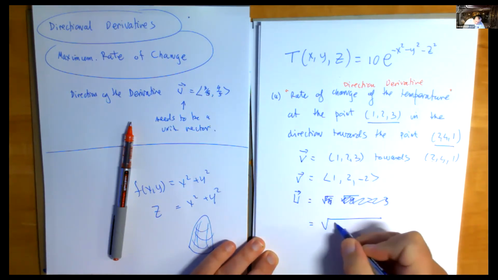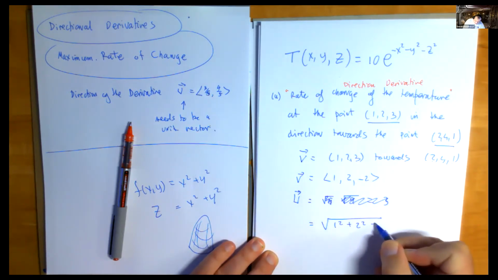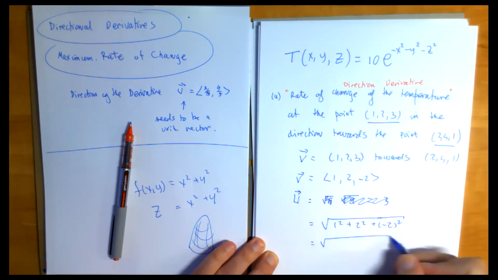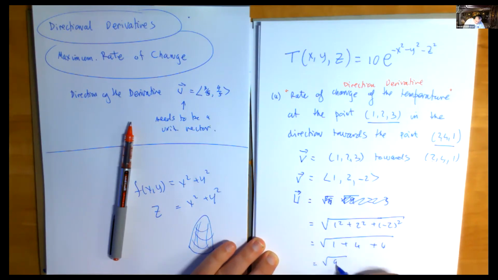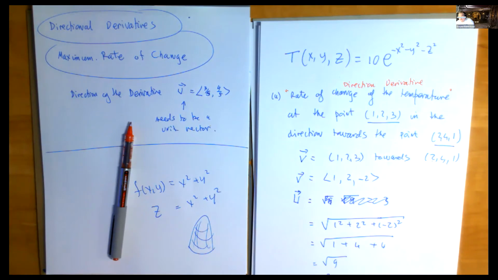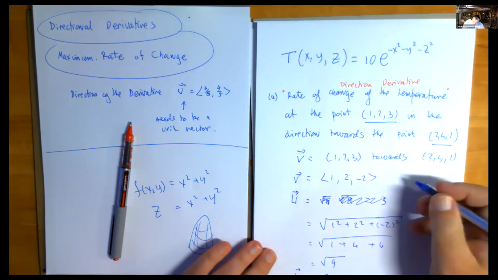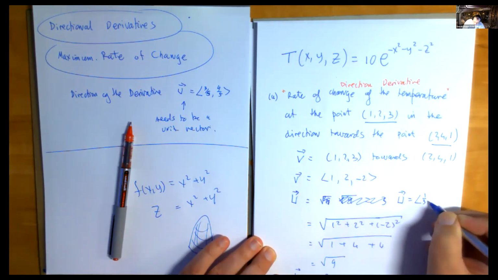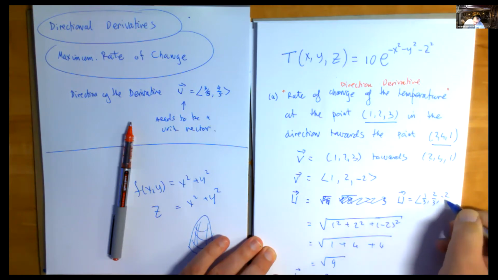It's the square root of 1 squared, 2 squared, negative 2 squared, right? Yes. 1, 4, and 4, 9, 3. The reason you threw me there is that I didn't realize it was going to simplify. I was expecting the 9, not the 3. So won't the unit vector then just be 1/3, 2/3, negative 2/3?